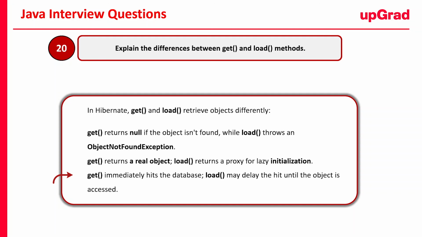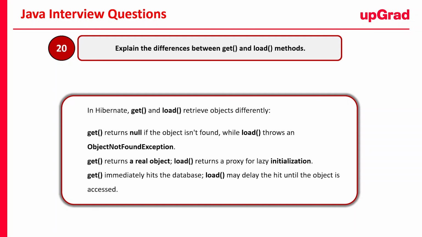The get method initially hits the database, but the load method may delay the database hit until the object is accessed. Use the load method if you're certain the instance exists in the database. So this explanation highlights the key differences in how these methods operate and when to use each.